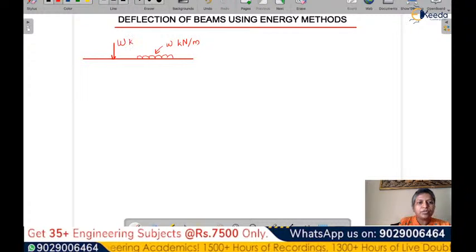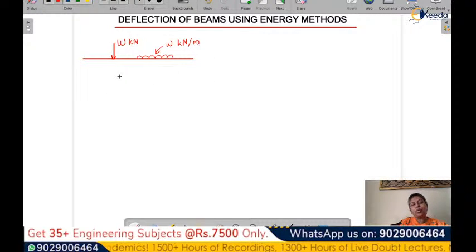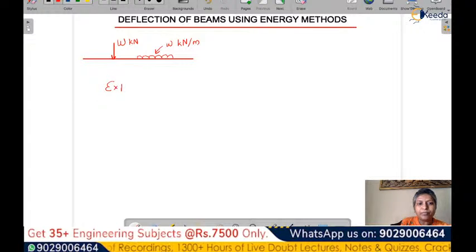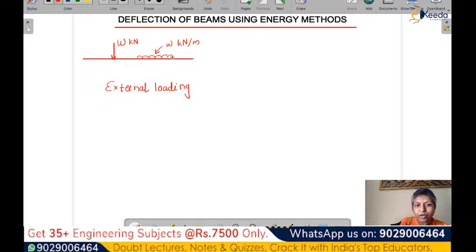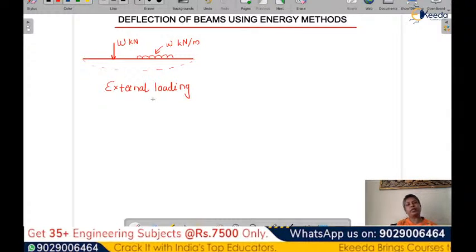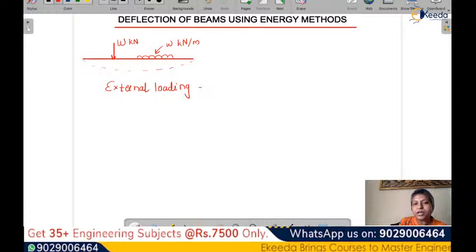Because of some external loading, some deformation happens in the beam. So some load is there and it is getting deformed because of the external loading, so we call it as work is done over there.